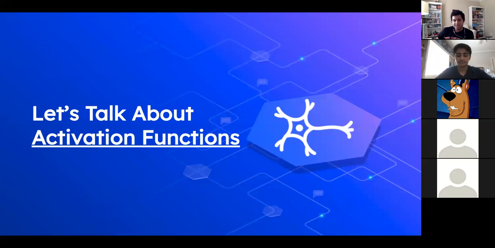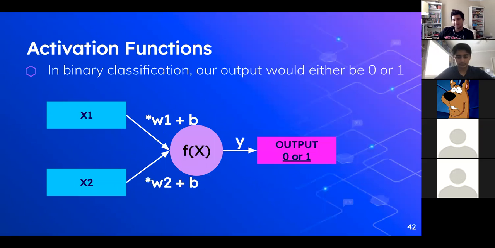All right, with our last couple of minutes, let's talk about activation functions. If you remember, we used activation equals ReLU when we were creating our neural networks. So in binary classification, our output can either be 0 or 1, right? Let's say we're making a cat and dog classifier.